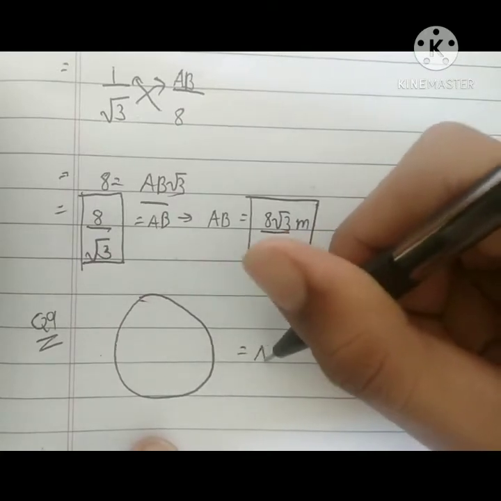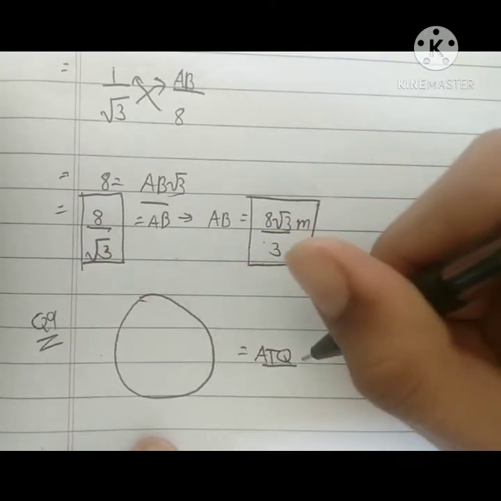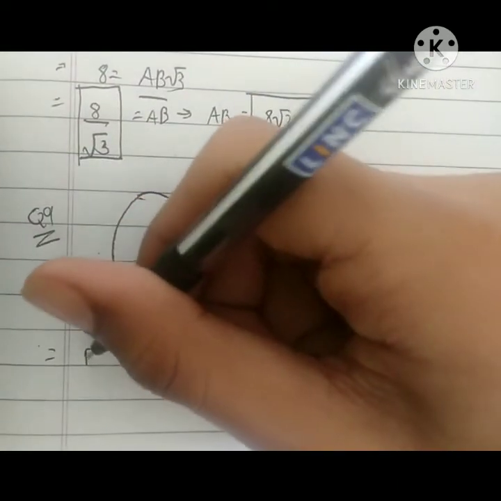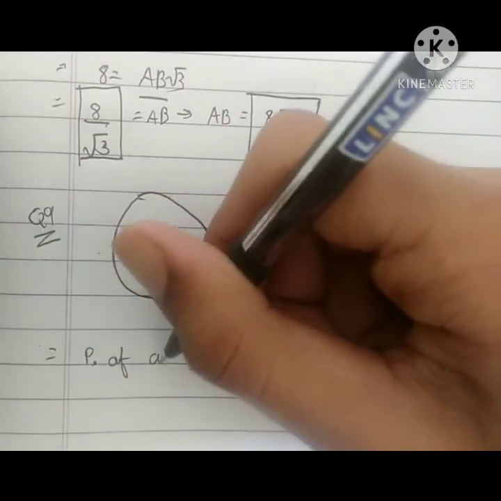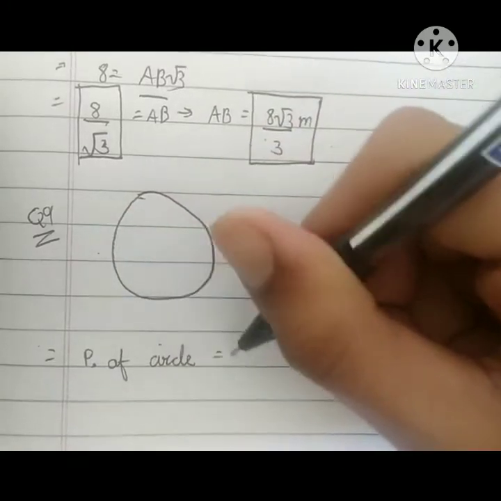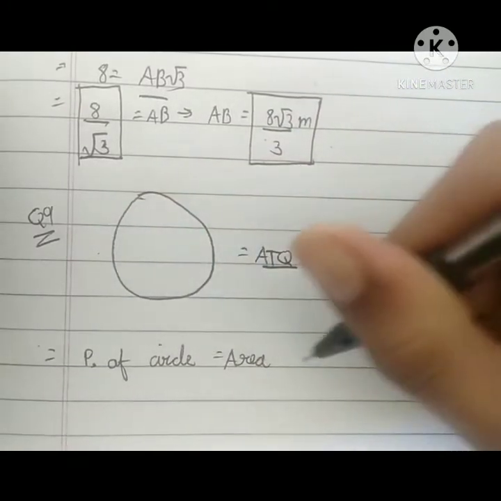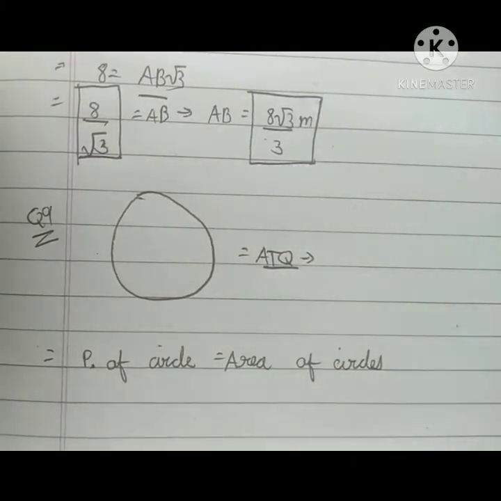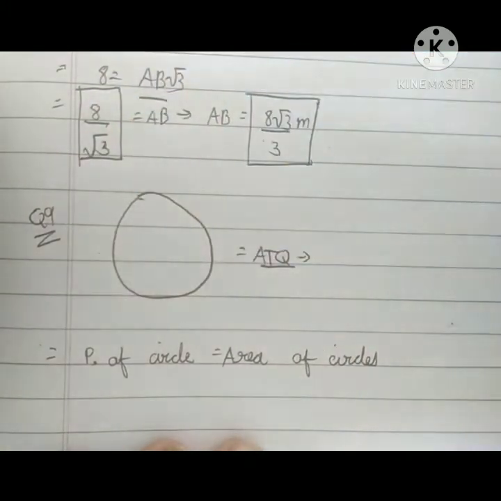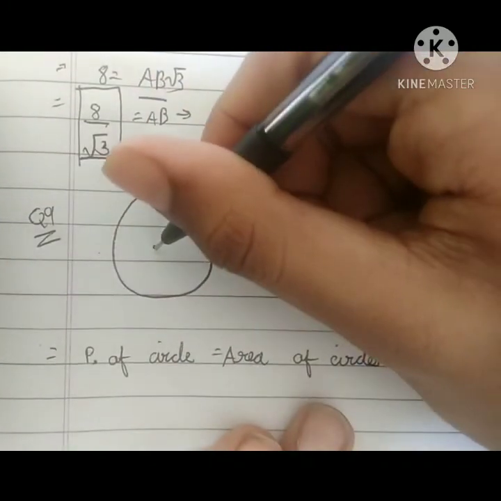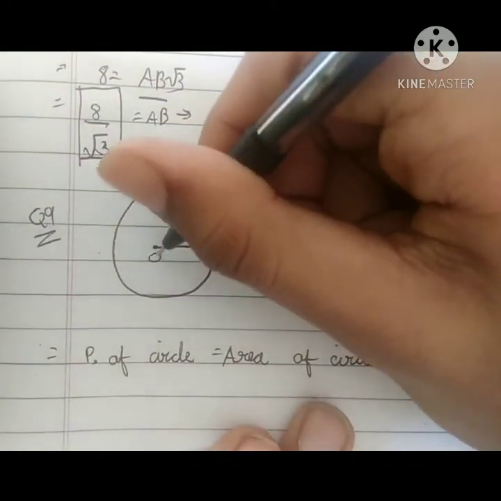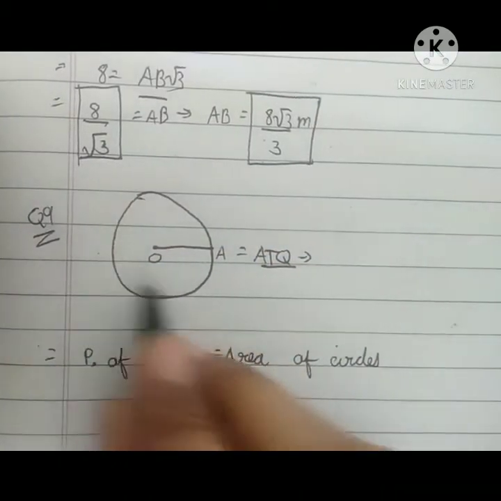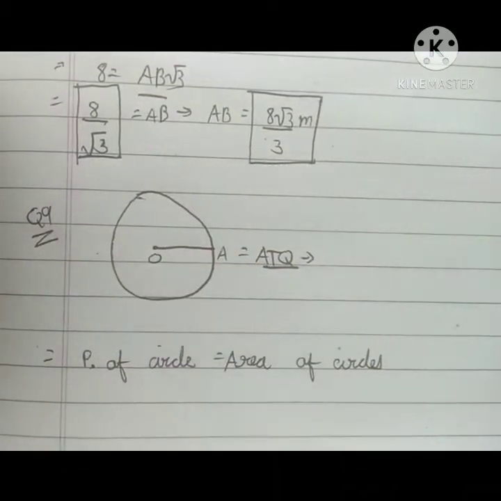So according to the question, the perimeter or the circumference, whatever you say, of the circle is equal to the area of the circle. It asks you what is the radius of the circle. Now my circle is not that round, but it will work. So it is asking what is OA basically. OA is the radius. I hope you know, from the center to the circumference, this line is called the radius.